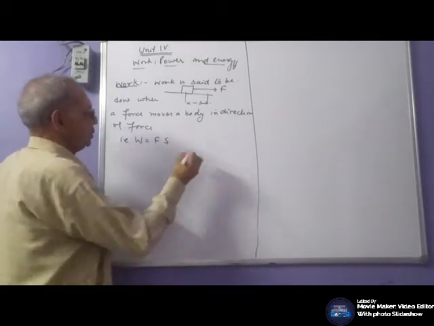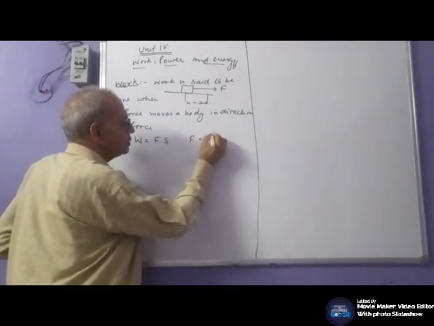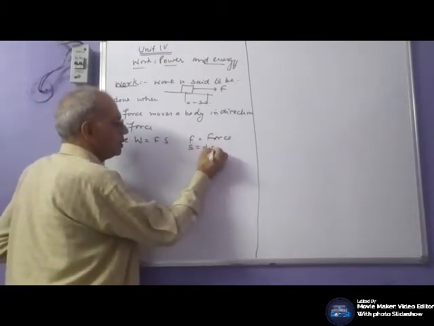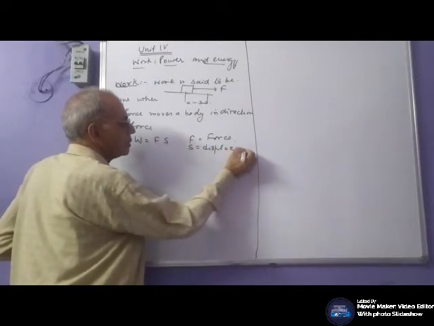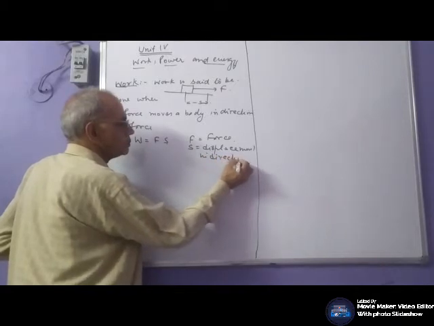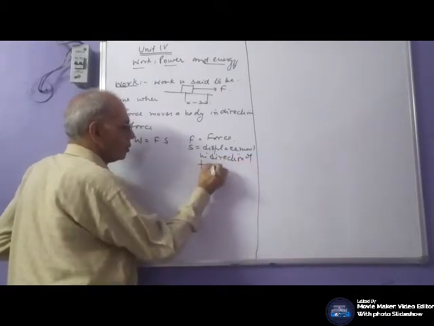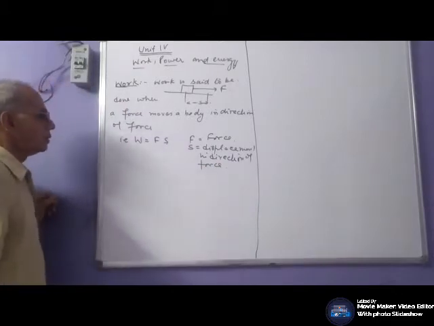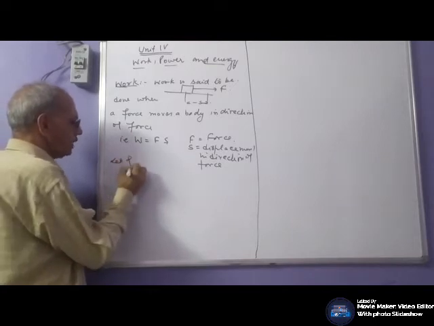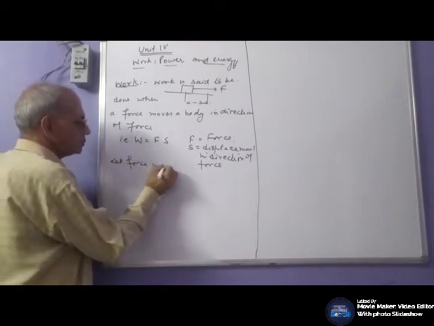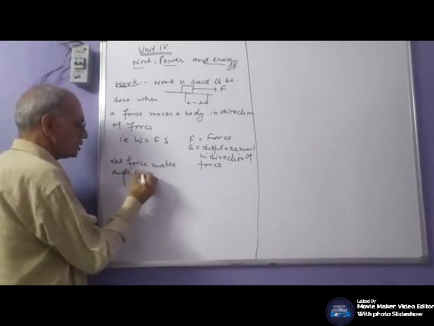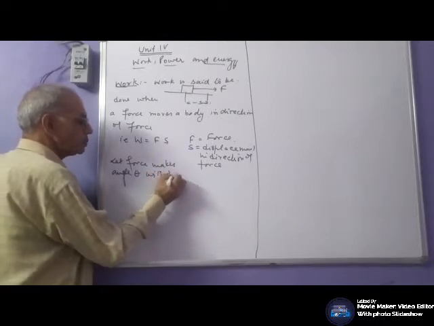W = Fs. F is force, S is displacement in direction of force. Let the force make angle theta with displacement.